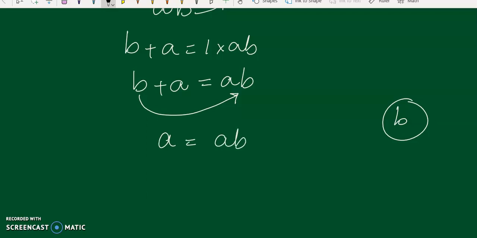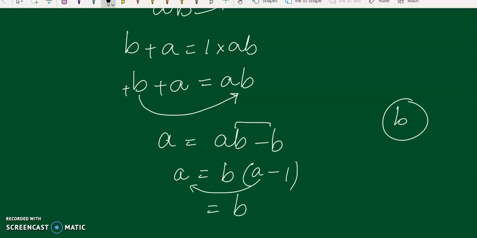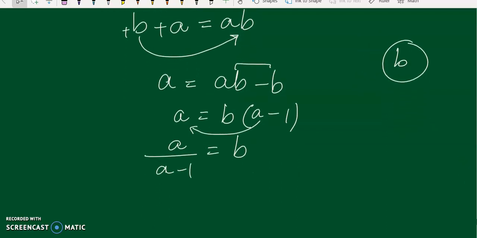Because this AB is already positive और ये B positive है, ये यहाँ जाकर negative हो जाएगा. Now we take B as common, so we get here A minus 1. Now this A minus 1 will go to the other side and it will be divided. So this is your answer because B has become the subject of the formula.